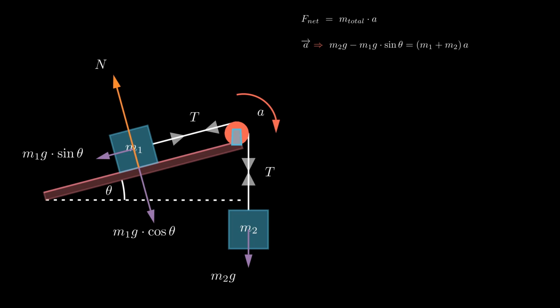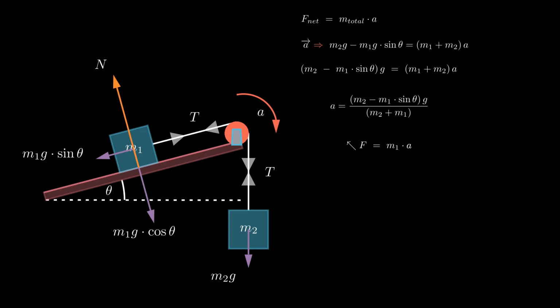Additionally, you consider the collective mass of all the objects experiencing the acceleration. This provides you with the total weight of the system. You will become more familiar with this concept as we work through more problems in upcoming videos, particularly when we tackle pulley-related problems. It's important to note that both methods yield the same solution for the acceleration.